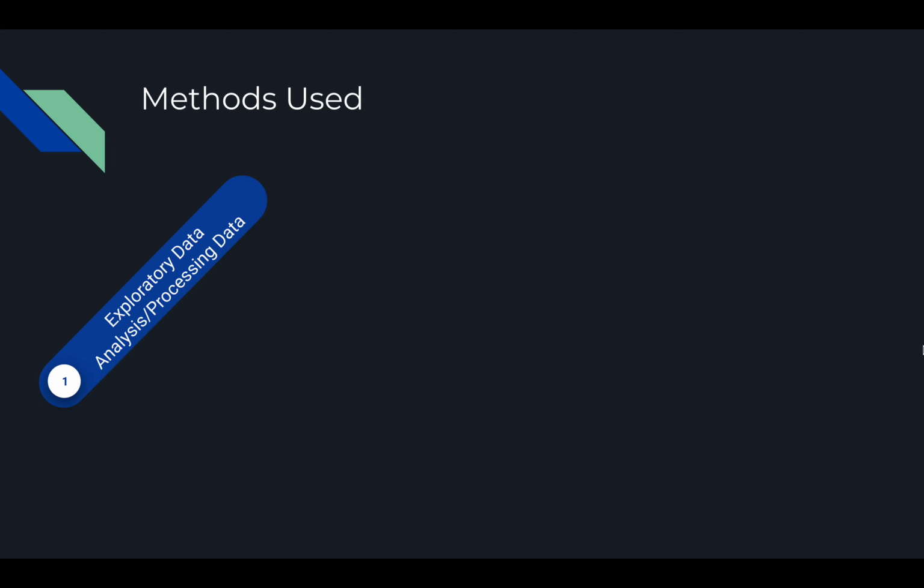There was no invalid or missing data, so there was nothing to change in that sense. For exploratory data analysis, I made bar charts and histograms for each of the 10 features used in this model. The processing part was just converting the categorical data to numerical data.